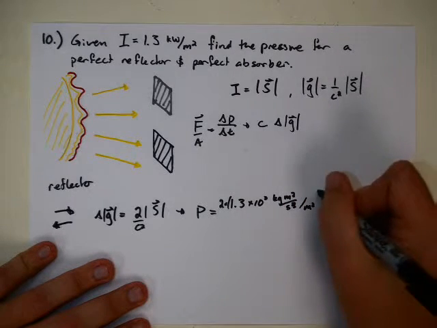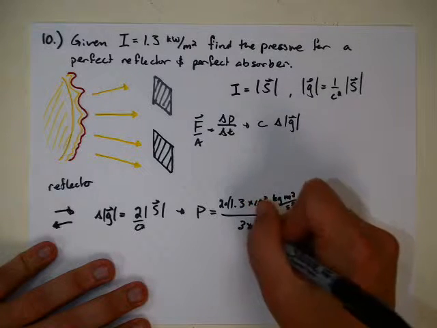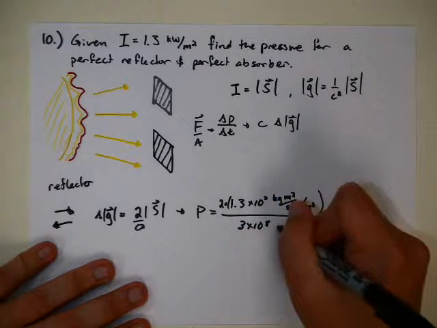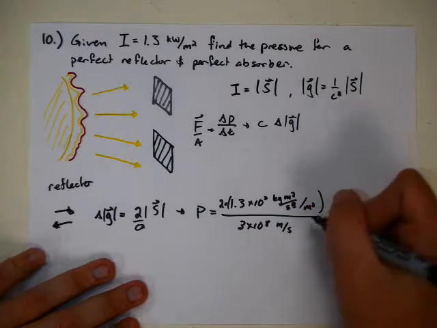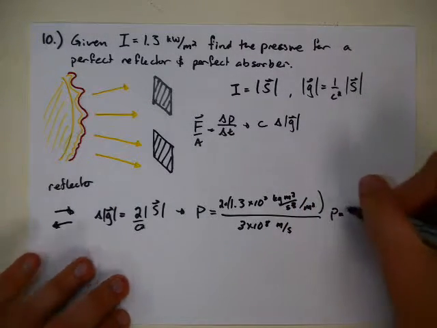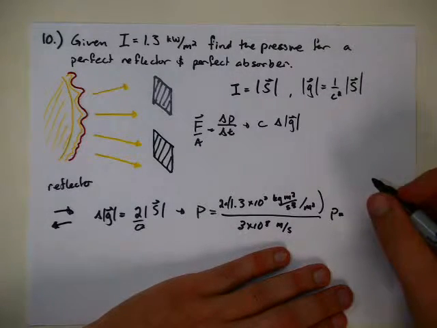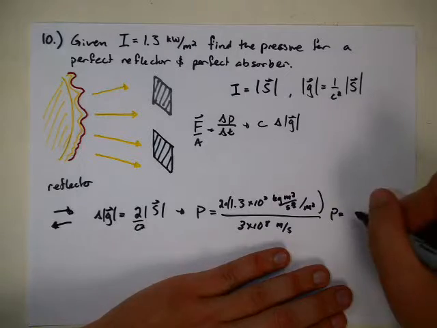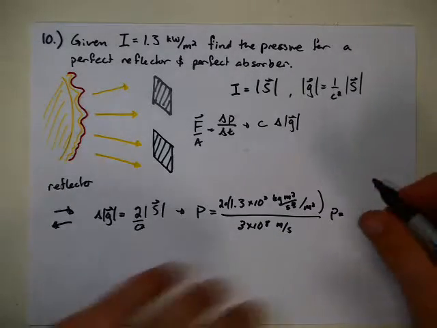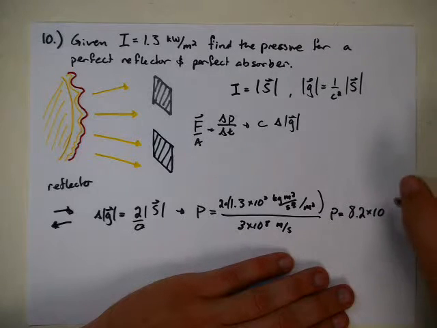That's a kilowatt per meter squared, divided by 3 times 10 to the 8th meters per second. That is the speed of light. So the pressure here, when I plug in these numbers and round to 2 decimal places, comes to right around 8.2 times 10 to the negative 6, and this is going to be in pascals.